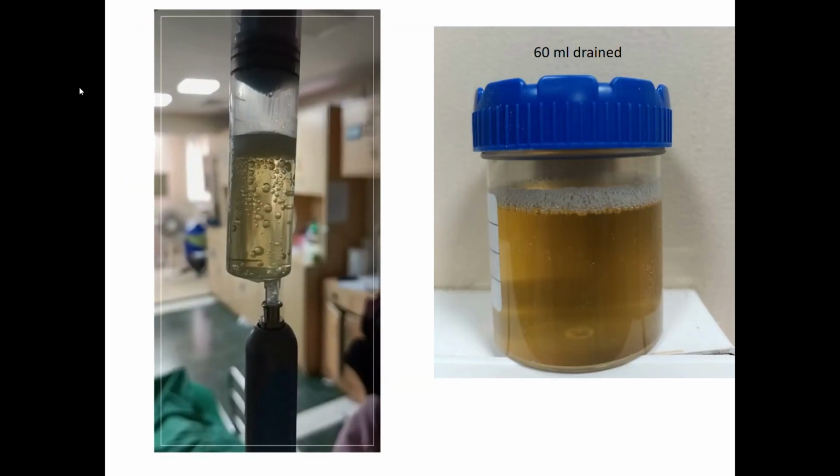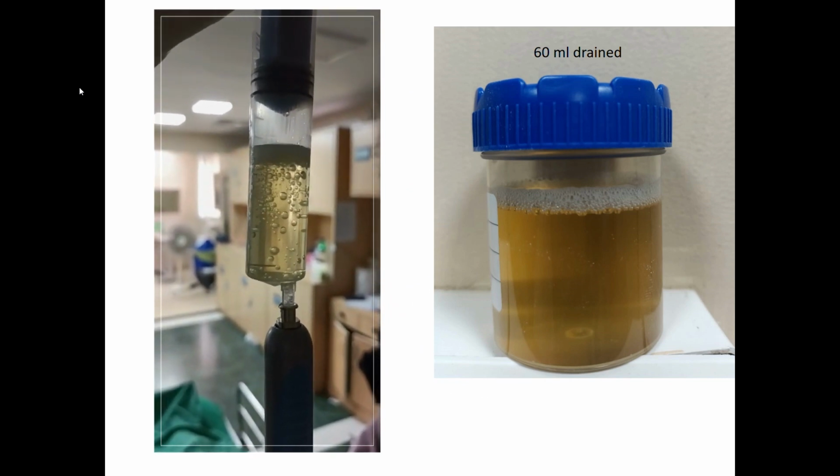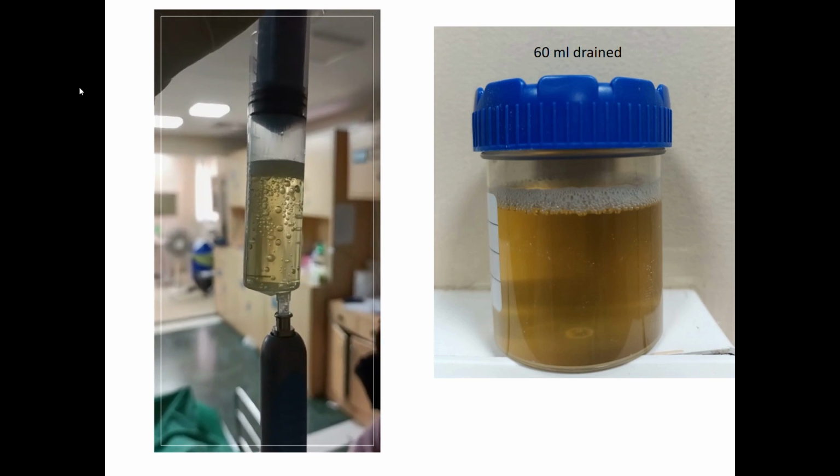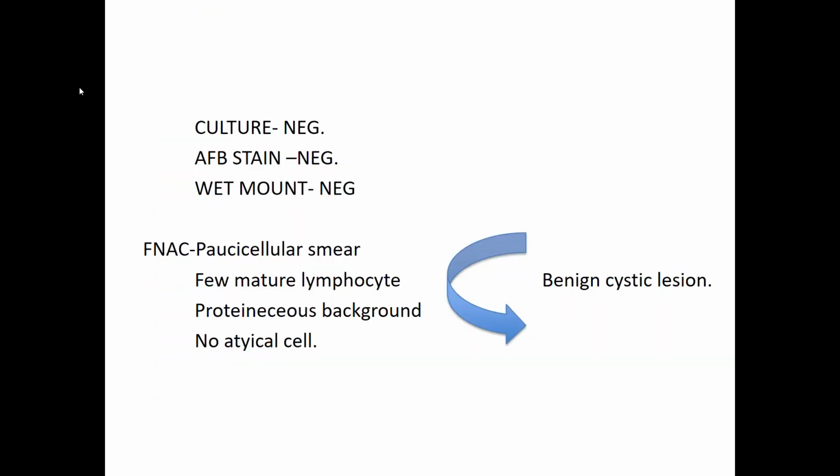We did EBUS-guided aspiration, and this is the material which came out, around 60 ml drained. The repeat picture was not with me, but there was a significant reduction in the size of the cyst. The culture and AFB staining were negative, and FNAC showed a paucicellular smear with few mature lymphocytes, and a benign cystic lesion was diagnosed.